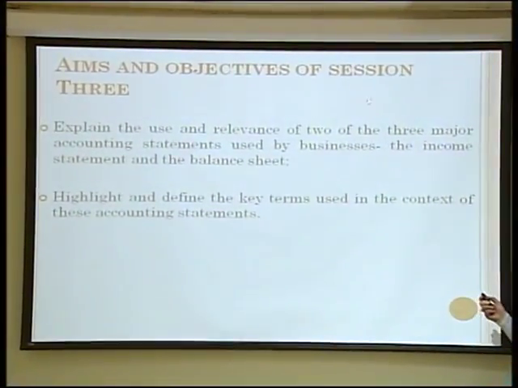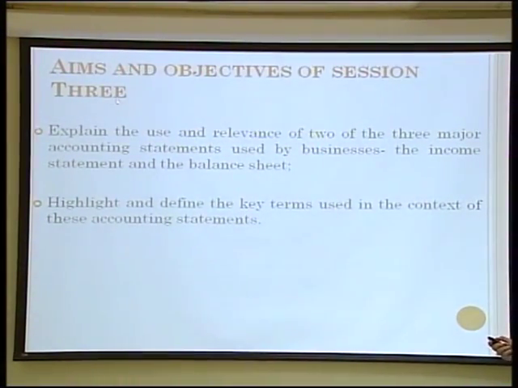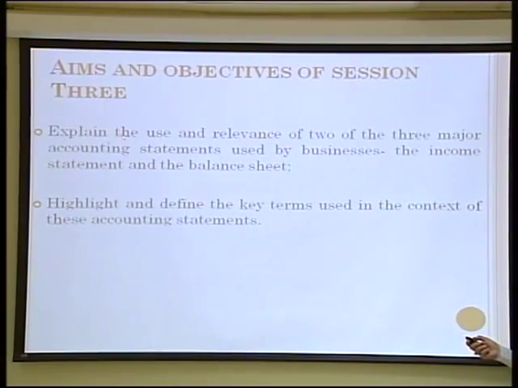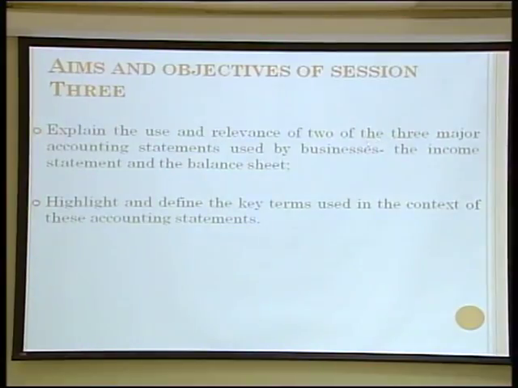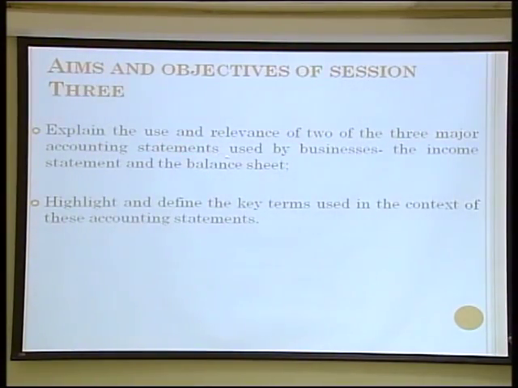Aims and objectives of session 3. We have 2 main aims of this session. The first aim is to explain the use and relevance of two of the 3 major accounting statements used by businesses: the income statement and the balance sheet.